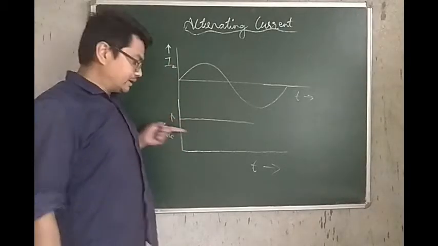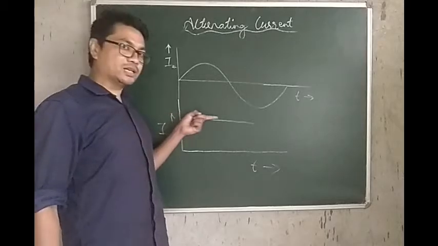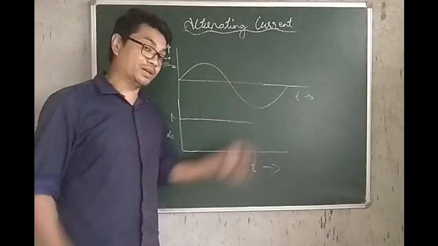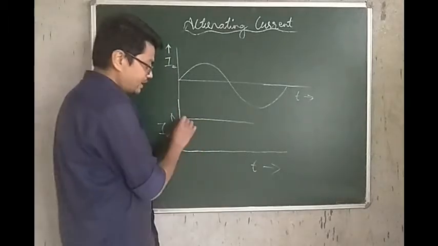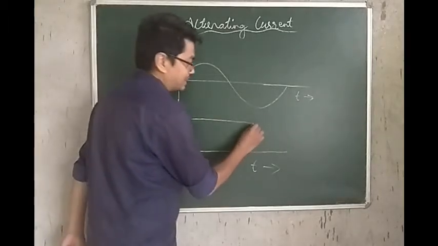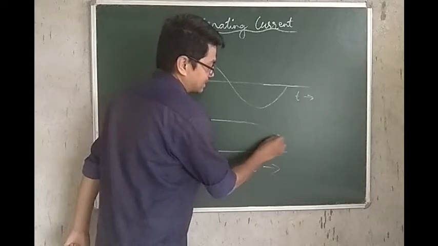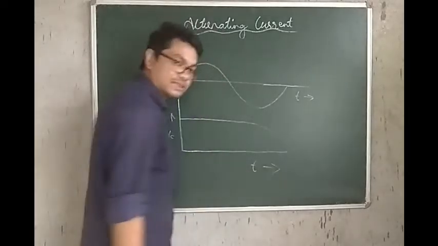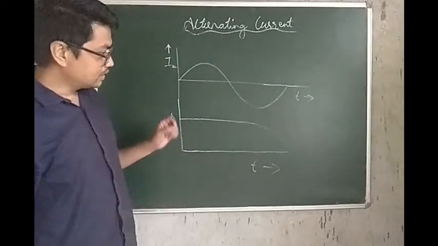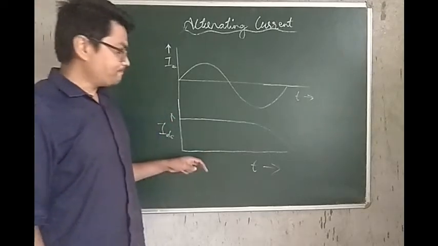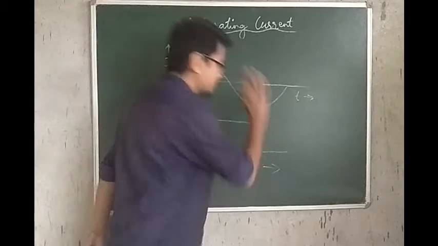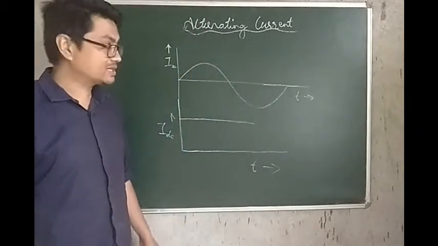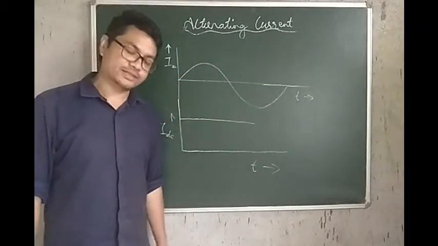Theoretically, the direct current would have a constant magnitude. But in reality, if we have a new cell that we've bought, initially the current would keep constant, but after some time the current will die like this. But here we are only talking about a theoretical thing, so in direct current the magnitude of current doesn't change, it remains fixed, unlike in case of an alternating current.